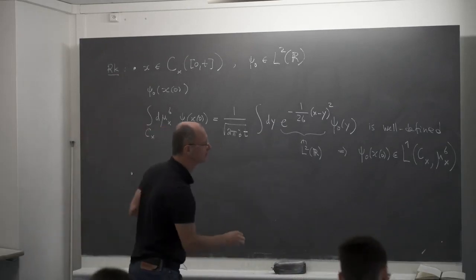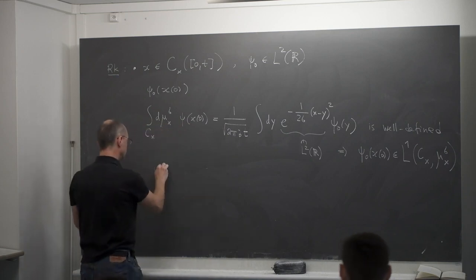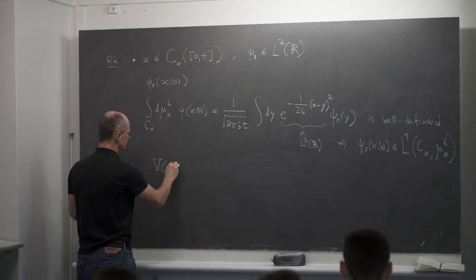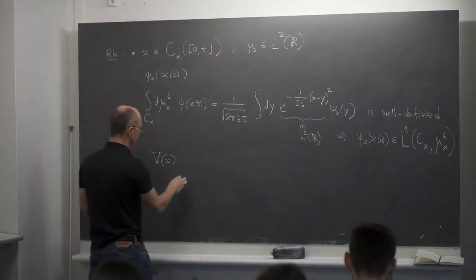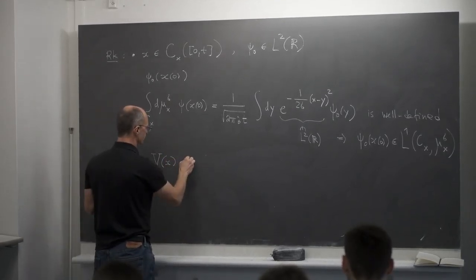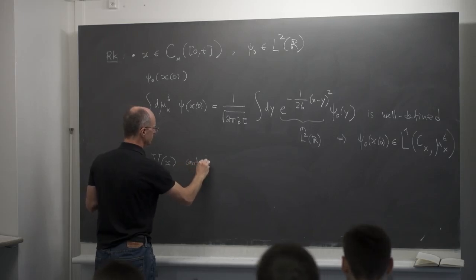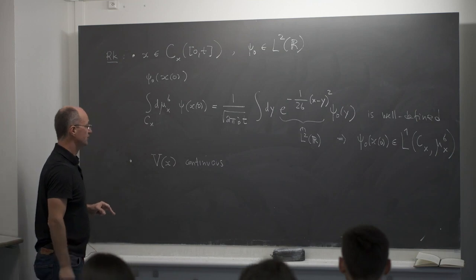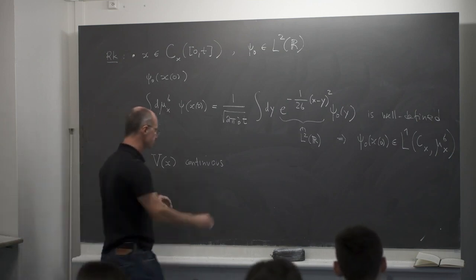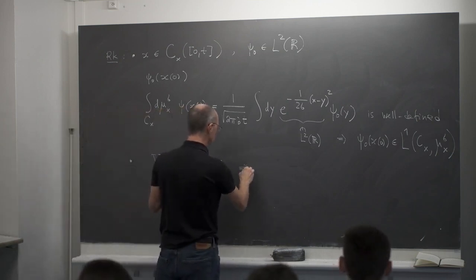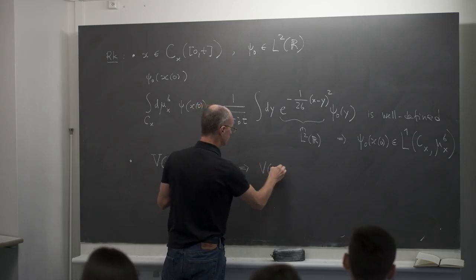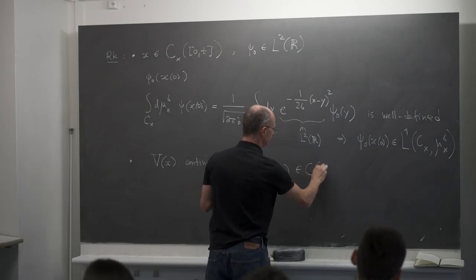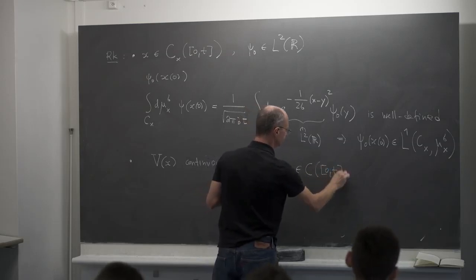Another remark. Let's say v of x is a continuous function. Then v of x of s is also a continuous function.